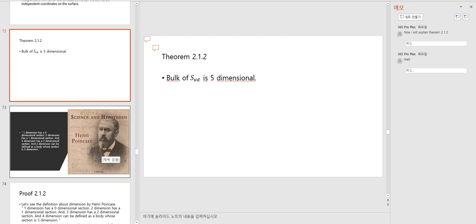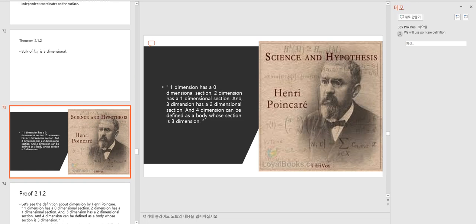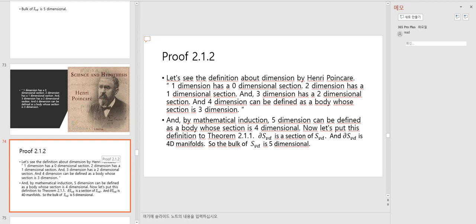Now, I will explain theorem 2.1.2. We will use the Poincare definition. Let's see the definition of dimension by Henri Poincare. One dimension is a zero-dimensional section. 2-dimension is a 1-dimensional section, and 3-dimension is a 2-dimensional section, and 4-dimension can be defined as a body whose section is 3-dimensional.